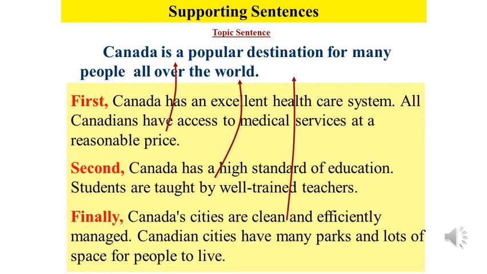Students are taught by well-known, well-trained teachers. Finally, Canada's cities are clean and efficiently managed. Canadian cities have many parks and lots of space for people to live. These are examples to illustrate and to support the topic sentence.